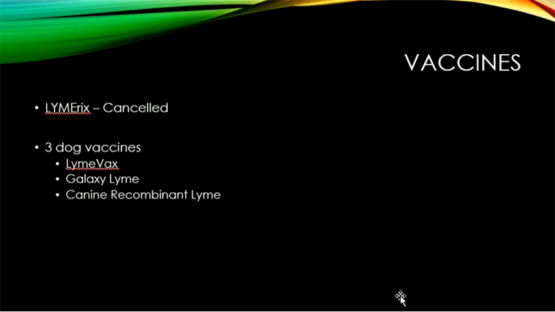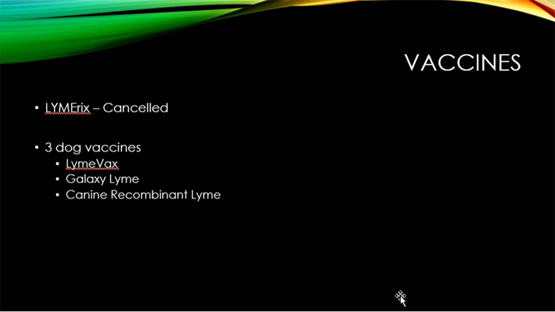But unfortunately, it was high cost, so it wasn't prescribed very often, and it wasn't covered by insurance companies at the time. Hundreds of vaccine recipients started saying that they had autoimmune side effects, that their immune systems weren't functioning correctly, and a number of lawsuits were filed against the company.